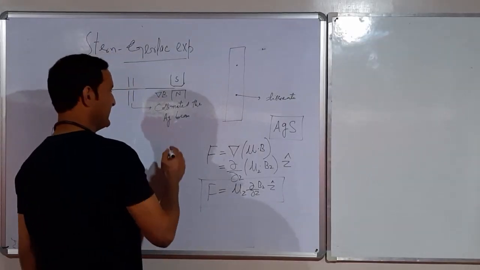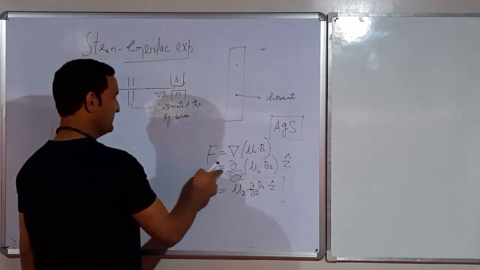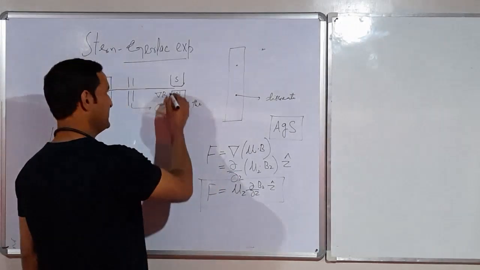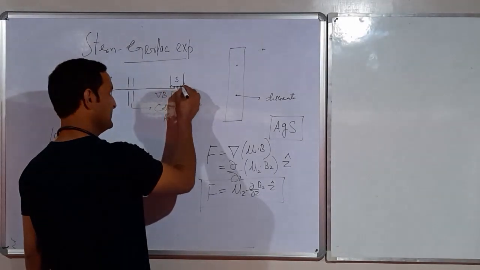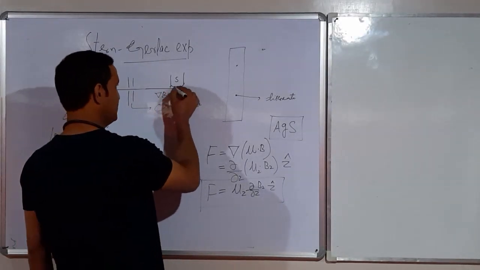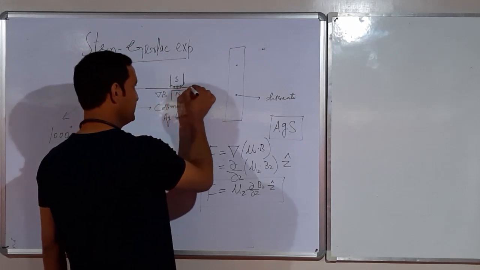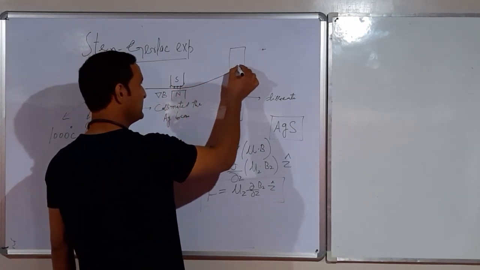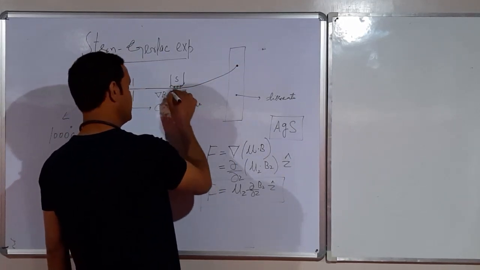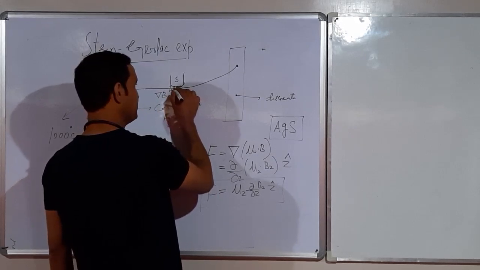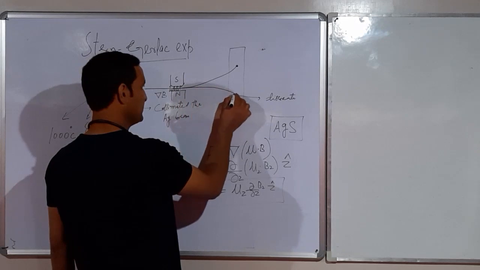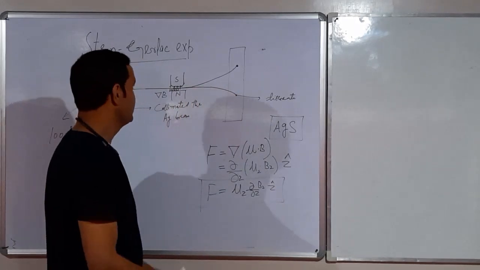Here the electrons will experience a force. The spin ups will be deviated by the magnetic field and will be pointed here. Similarly, the spin downs will be deviated by the magnetic field and pointed towards this point.